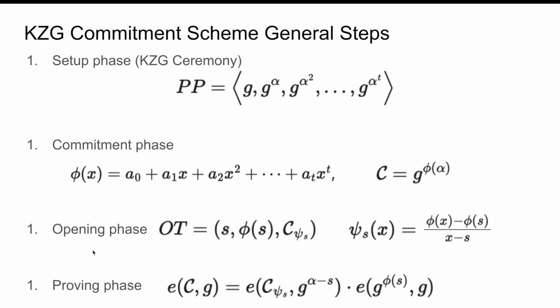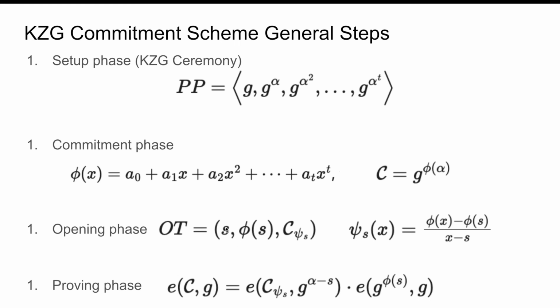And then the next 2 steps are essentially, you can say, the opening phase or the challenging phase, where somebody can challenge you to prove that you actually know this polynomial, which essentially means you also know the corresponding blob data. So in this opening phase, you need to give a challenger these 3 things.